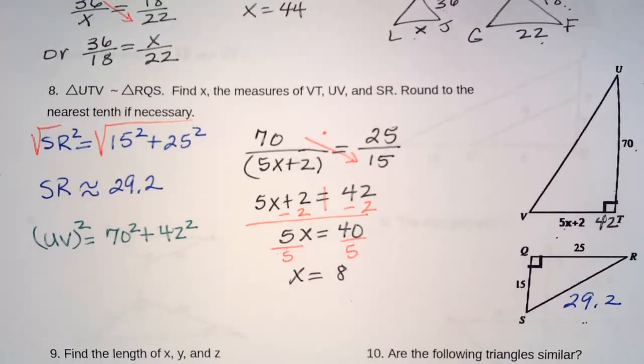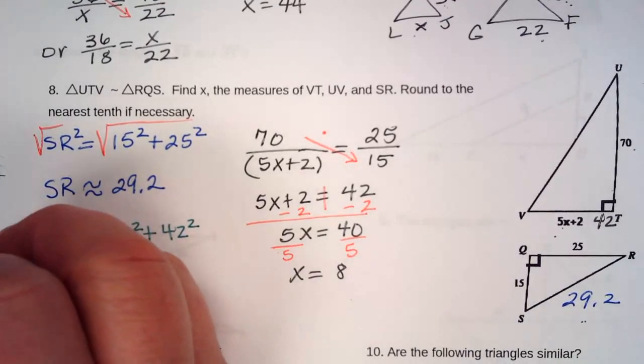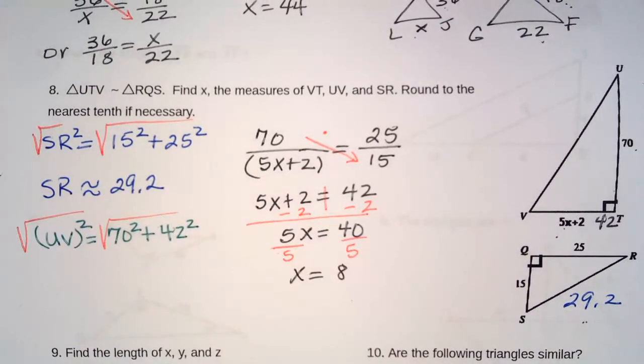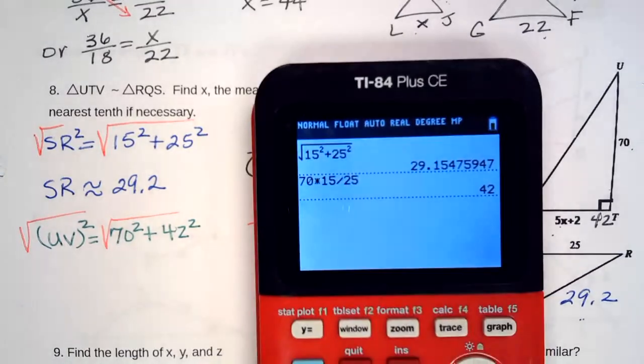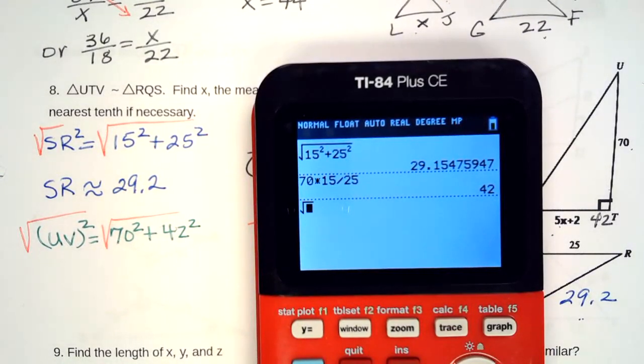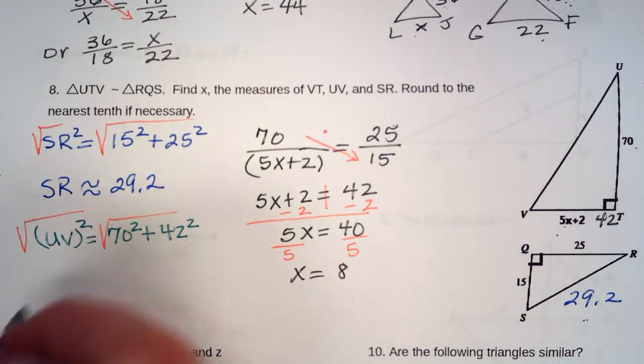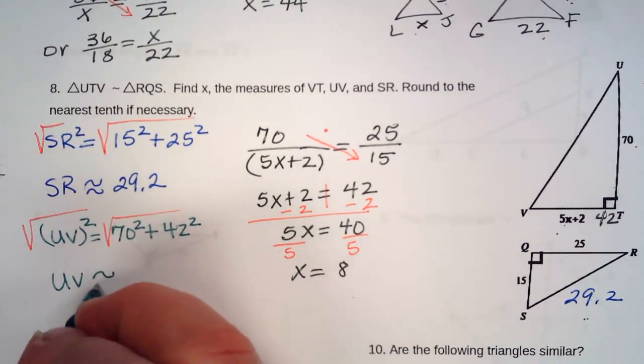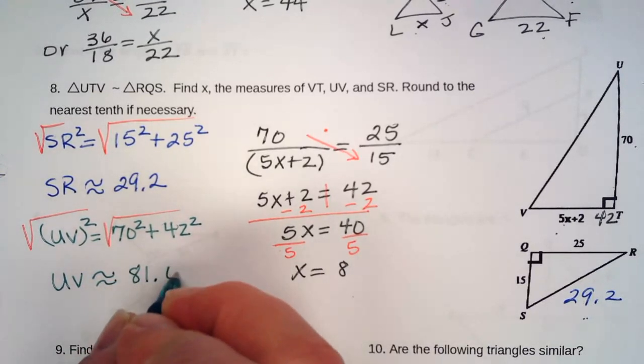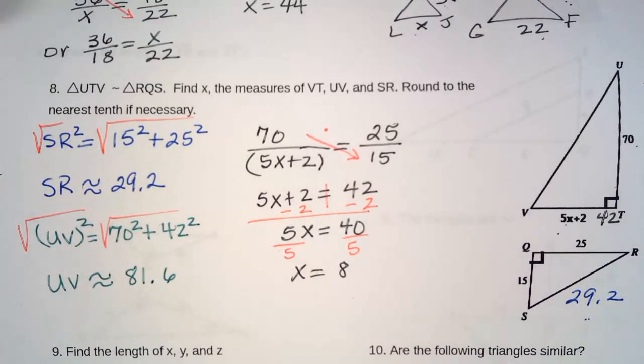The opposite of squaring is to take the square root, putting it all into the calculator at one time. 70 squared plus, whoops, I forgot to square it. 70 squared plus 42 squared. And we end up with 81.63, which is approximately 81.6. And I am done.